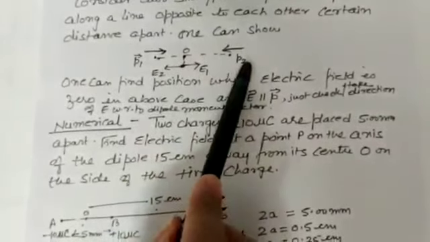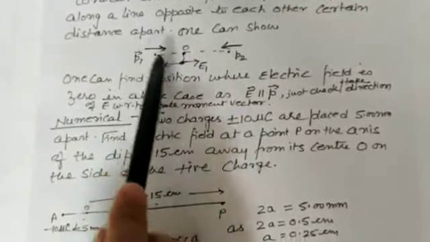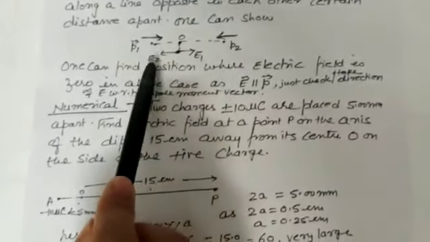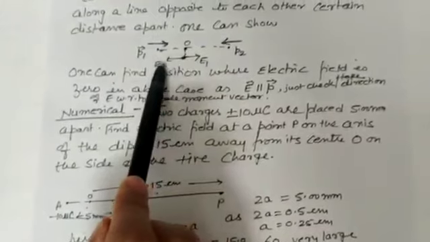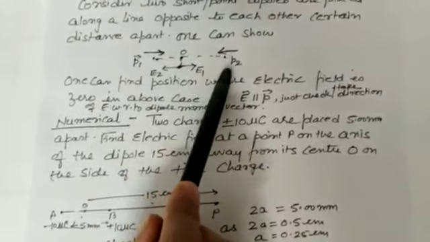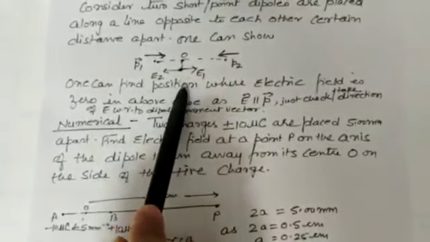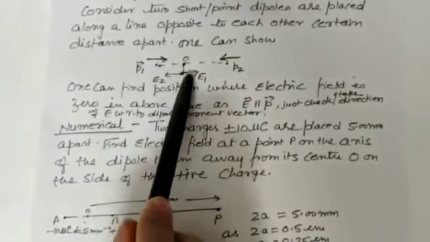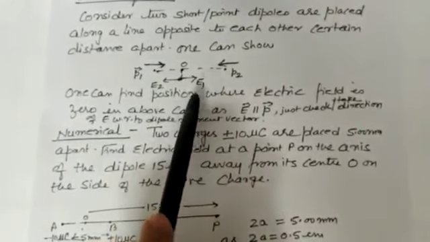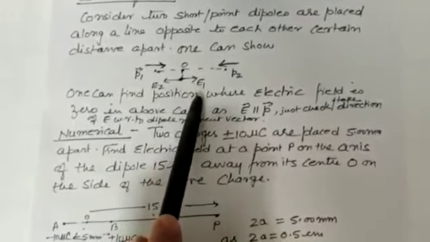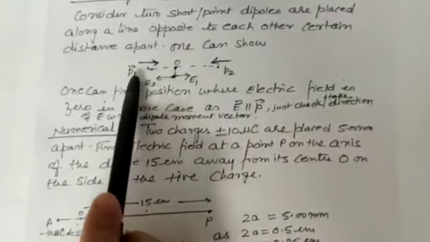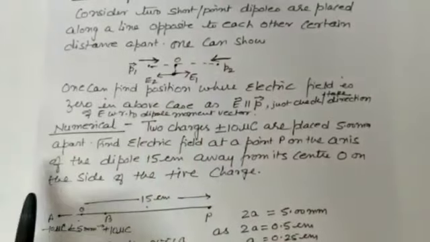E2 is parallel to p2, E1 is parallel to p1, but for point O, they are in opposite directions. So one can apply the principle of superposition, find the electric field by p1 and p2 and apply the condition for the field to be 0, which is already shown here as E1 and E2 opposite. Only you have to take the mod of E1 and mod of E2 due to p1 and p2 equal and find out the distance with respect to any one of the dipoles.